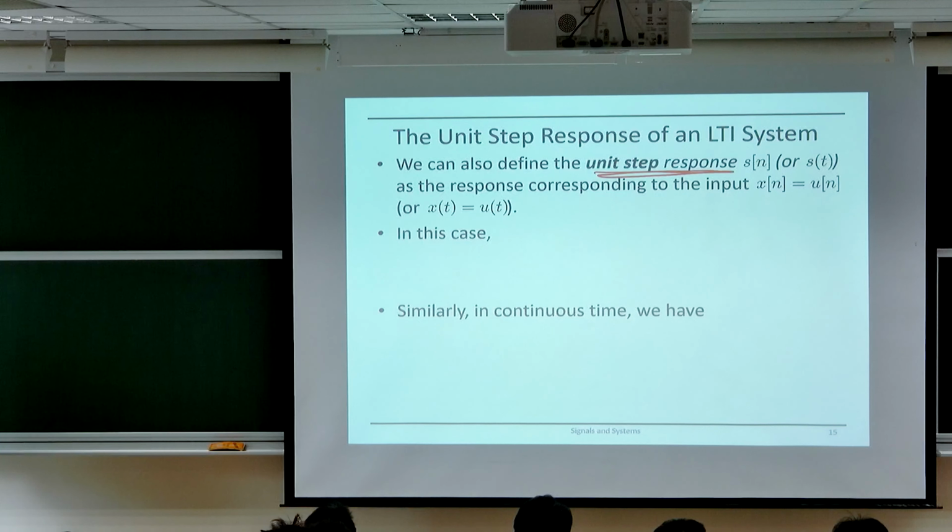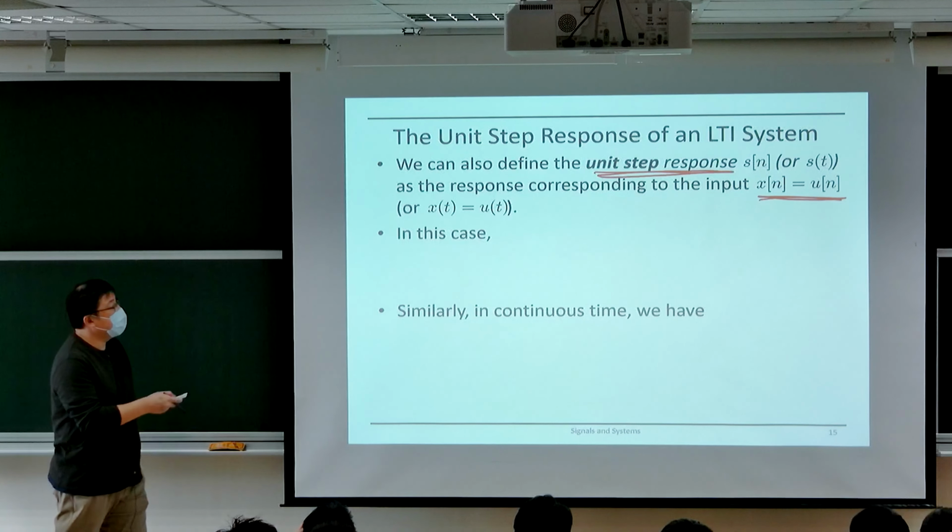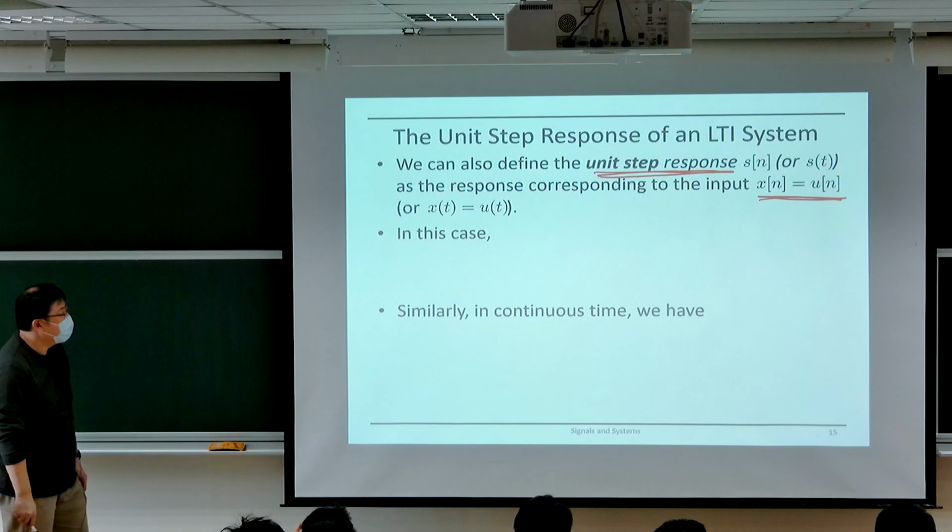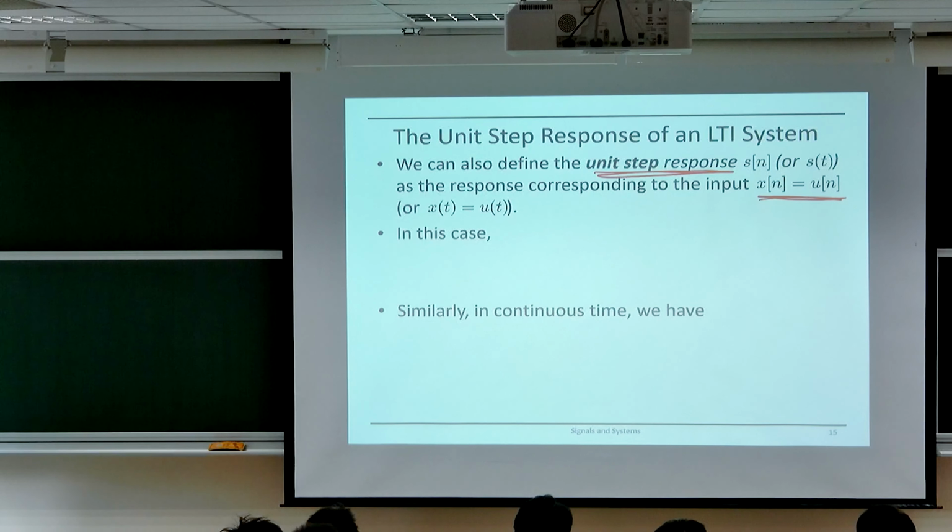So let us define S as the unit step response, which is the response to a unit step function at the input. Now, in this case, what would be S of n? It would be taking u of n as the input and convolving it with the impulse response h of n.